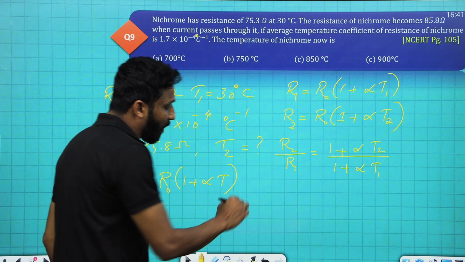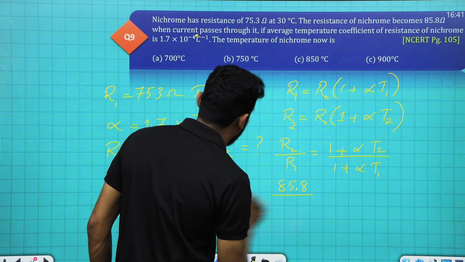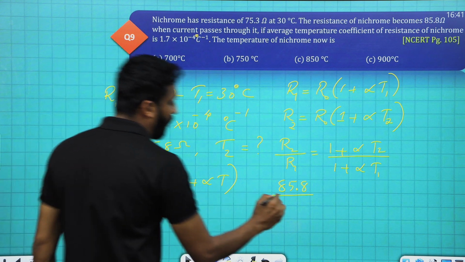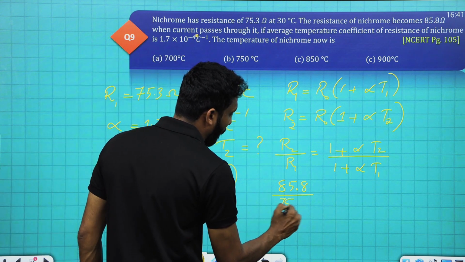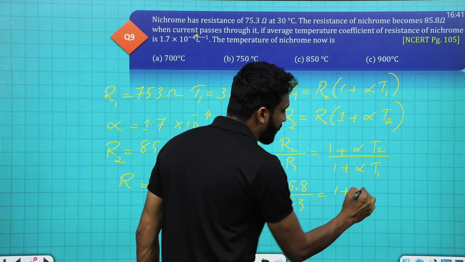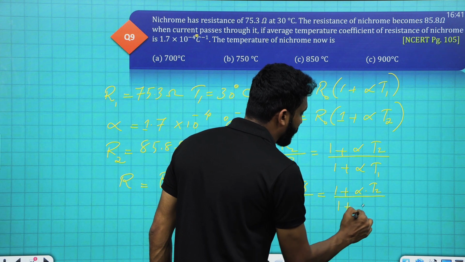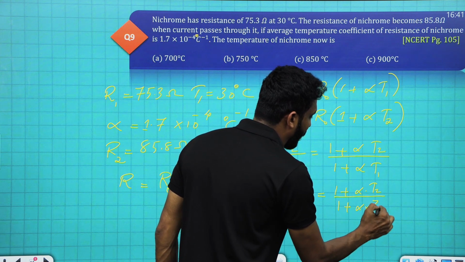R2 is 85.8 divided by 75.3, which is equal to 1 plus alpha into T2 divided by 1 plus alpha into 30.